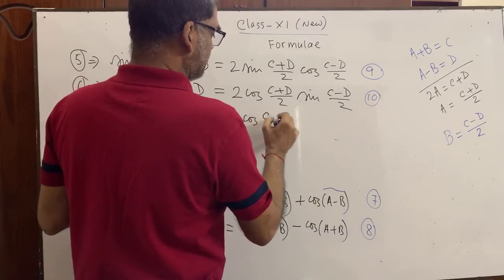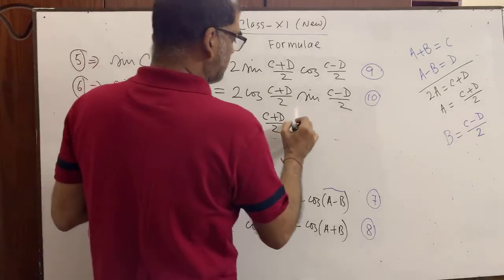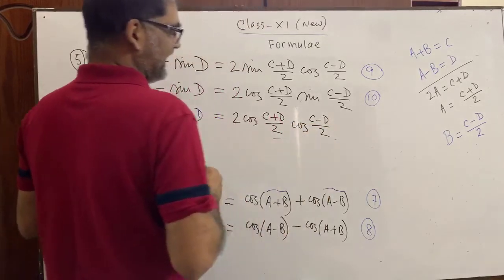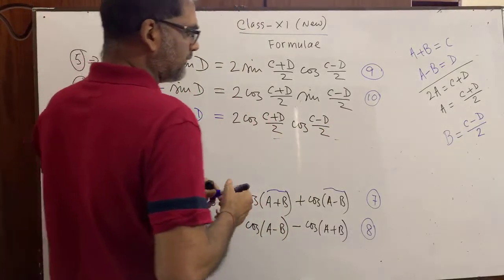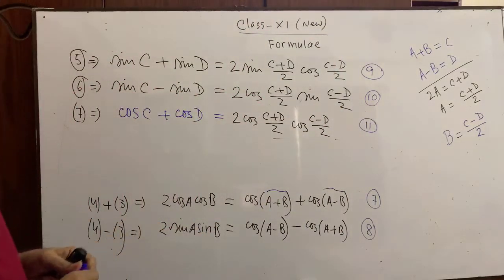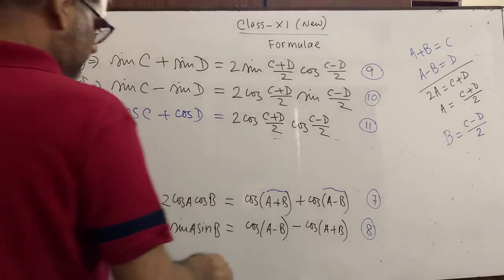A for C plus D by 2, cosine B, B for what? C minus D by 2. And this is formula number 11. Now we should go to the last one, that is formula number 8.